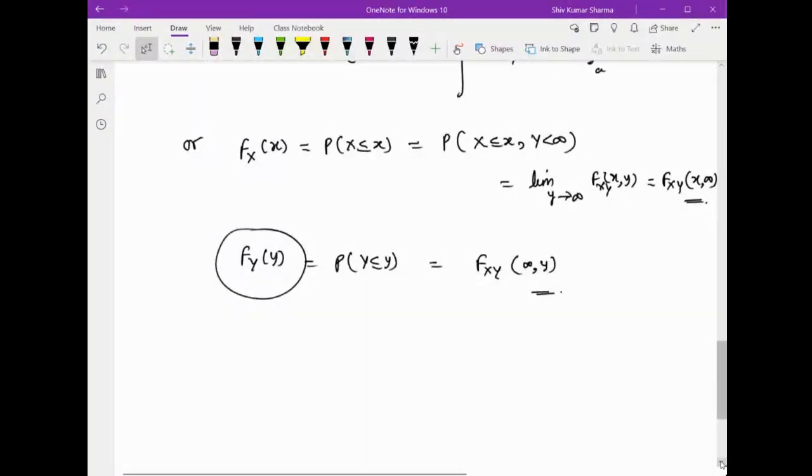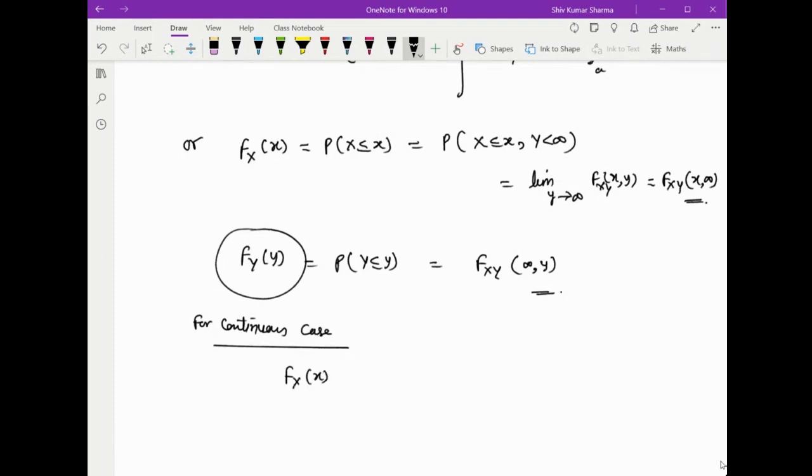We take one example so you can understand with the example. For the continuous case, the marginal distribution of random variable x we write as the integral from minus infinity to x and minus infinity to infinity of f(x,y) dy or dx.